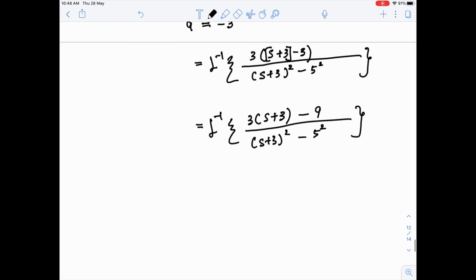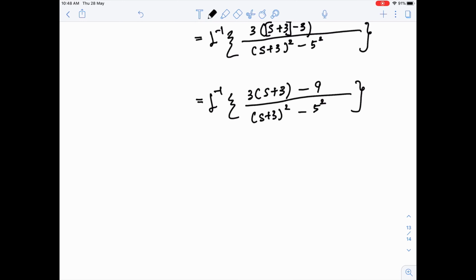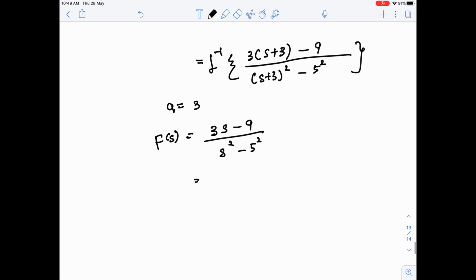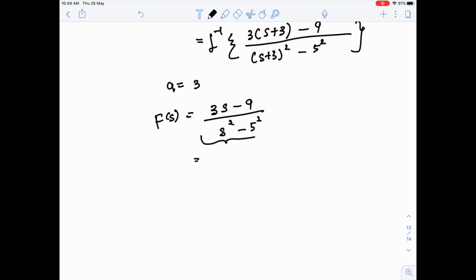According to this one, you confirm that your a is negative 3, and then your F(s) now is 3s minus 9 over s squared minus 5 squared. The terms over here are in what we call linear form, so you can separate it.